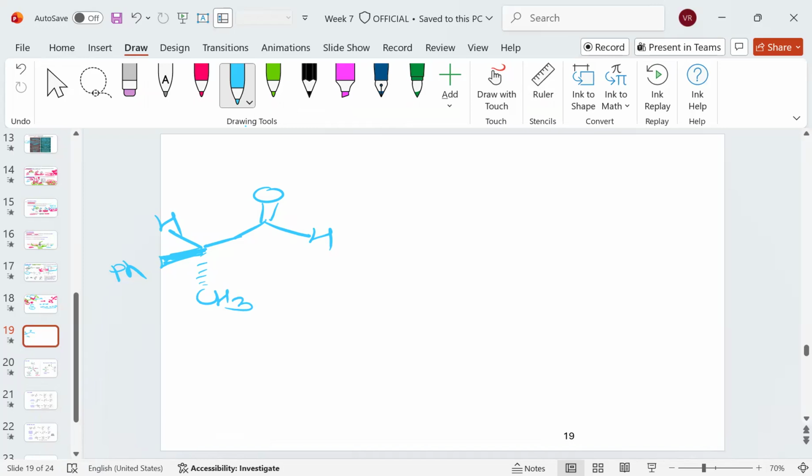If you assign the stereochemistry of this chiral center, this is 1, 2, and 3, and since the fourth priority group is in the plane, we need to invert the stereochemistry. So what will be the stereochemistry for this one?